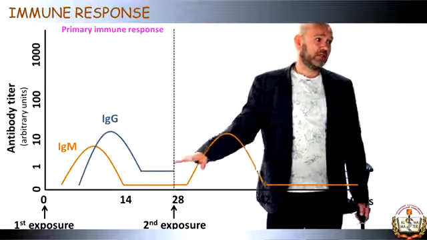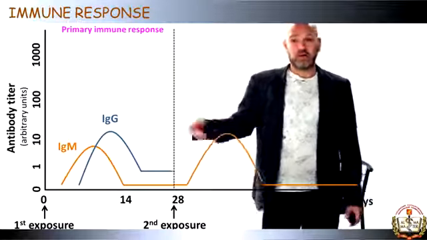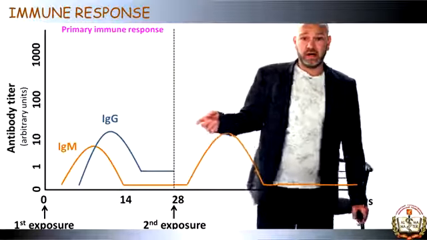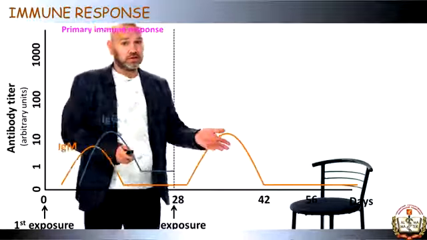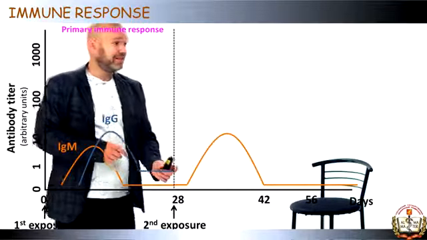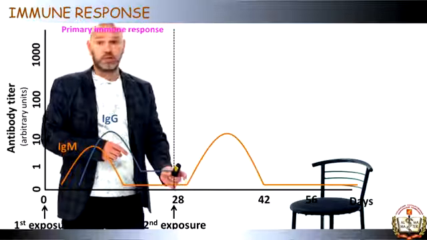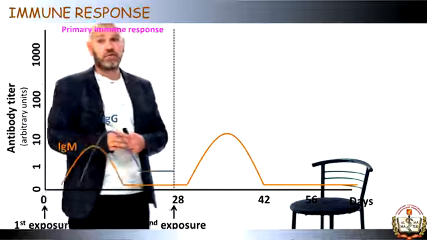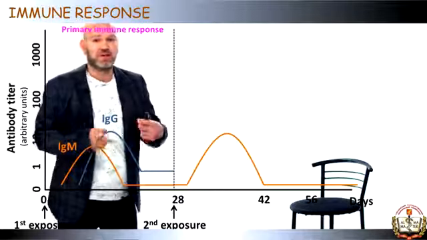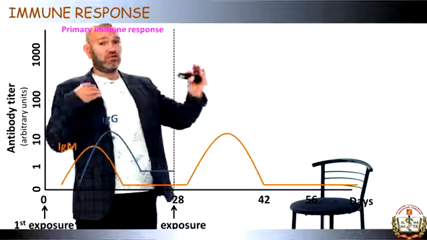I will need some time, a few days maybe, to activate B cells, but now you can see two important differences. Even here it is shown. First, the period between exposure and appearance of antibodies is much shorter. And of course, my immune cells are already familiar with the structure of the antigen.